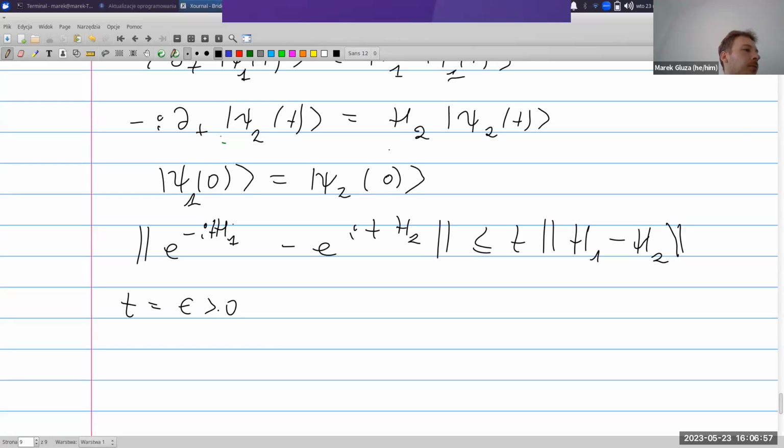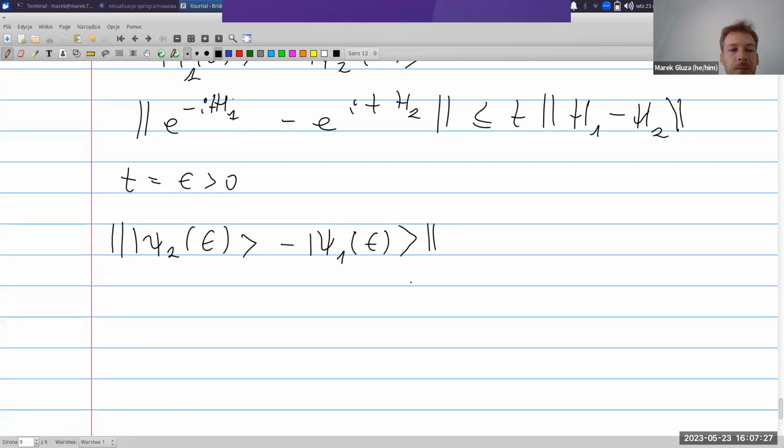I'm checking my notes if I wrote it nicely somewhere. So what is the evolution, the norm difference psi2 of epsilon minus psi1 of epsilon? Well, this is solving the Taylor expansion.